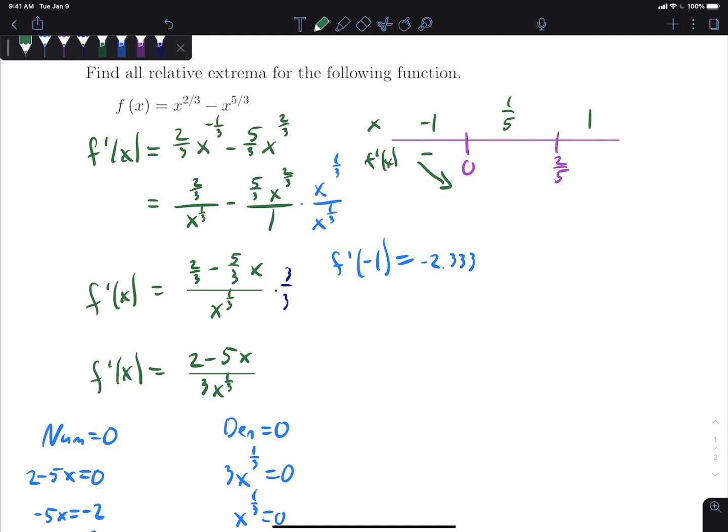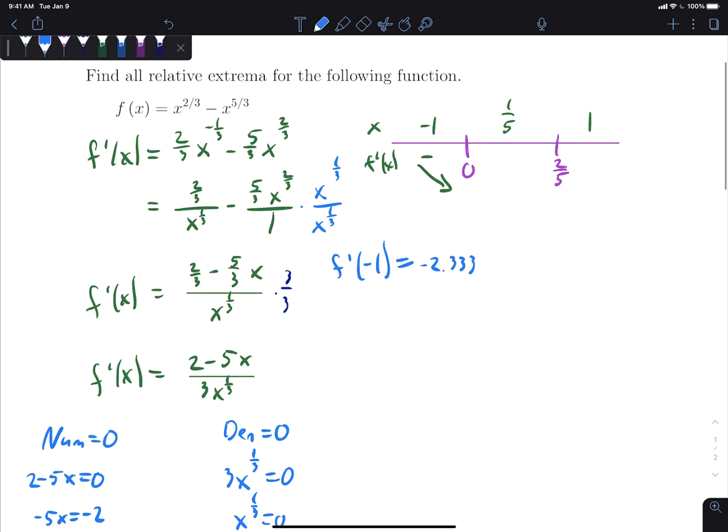Between 0 and 2/5, I plug in the positive 1/5. So f prime of 1/5, well, what is that? 0.57, which is a positive value. So it's going up from left to right in that region.